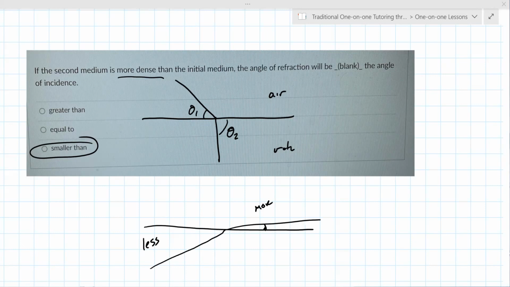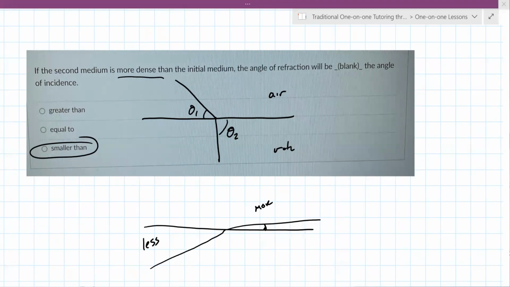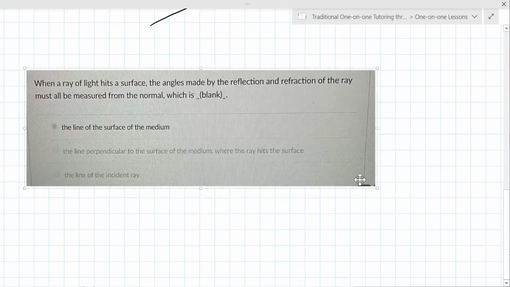Okay, and then the third question here, when a ray of light, apparently this was an error. So there's two lines here.